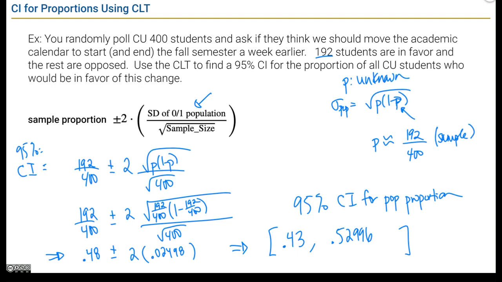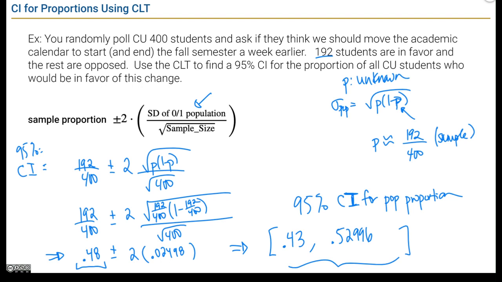So this provides a lot more information than just my sample proportion, because now I realize this confidence interval includes 50%, includes values even greater than 50%. So it's not clear to me, using this sample data alone, whether the majority of people are really in favor of this change or they're really not. These error bars are too wide, they overlap 50%, so it could go either way.